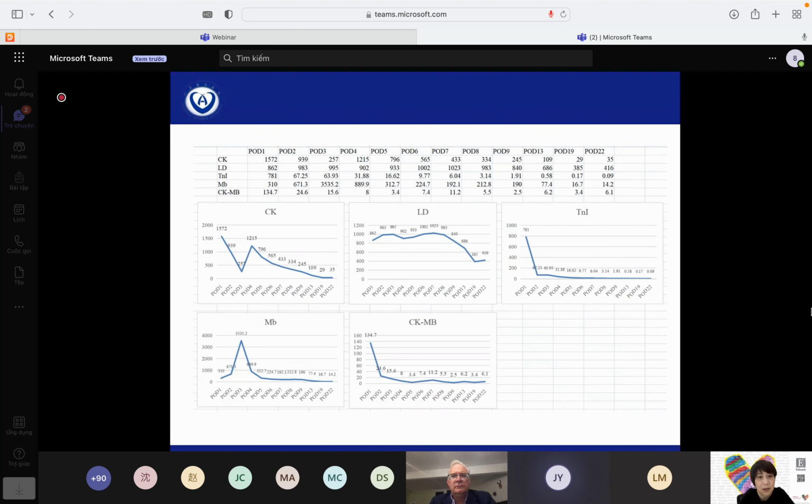These are other laboratory tests for her, including myocardial enzymes, troponin, and renal function indicators. You can see these indices also rose on postoperative day 1, but gradually decreased afterwards.